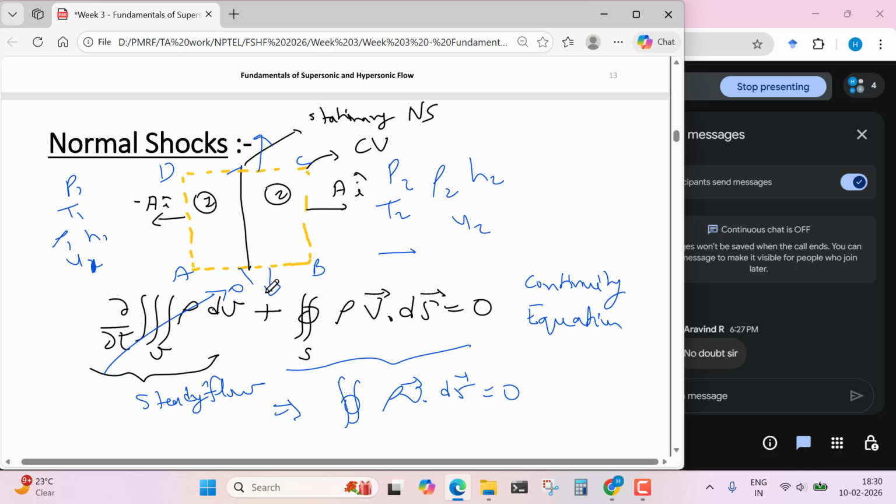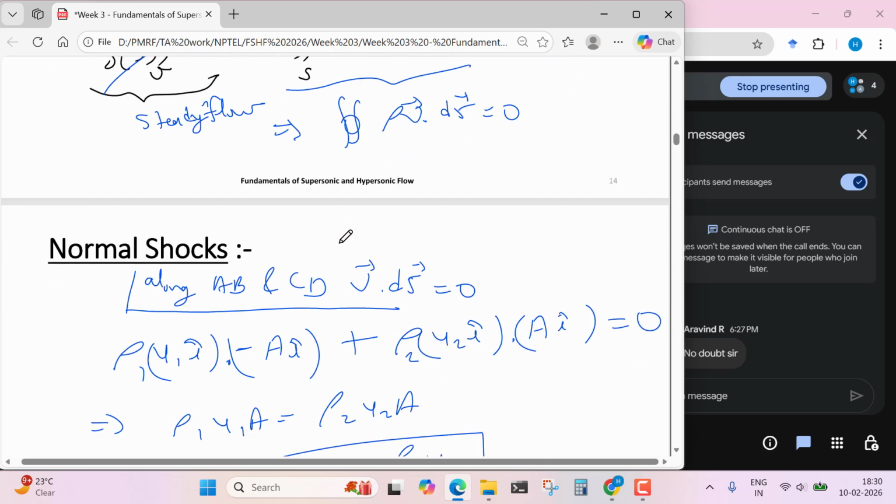So V dot dS for the AB and CD surfaces will be 0. Let's say this area is A, so the normal for this surface will be minus A i. If this area is also A, then the normal for this surface will be A i. The velocity on this side is U1, and the velocity on this side is U2.